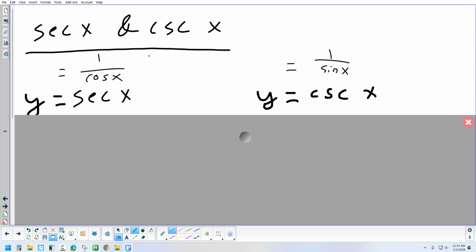So now think about cosine again, and think about sine. Where does cosine cross the x-axis? In radians.